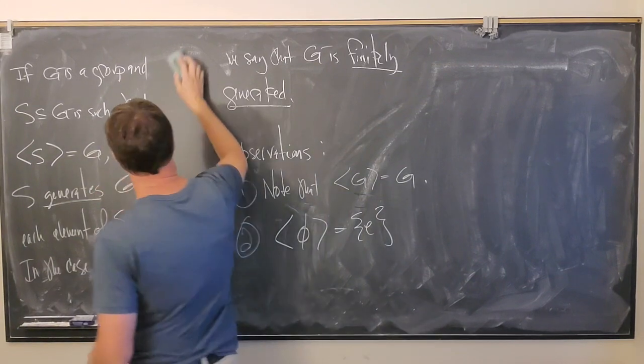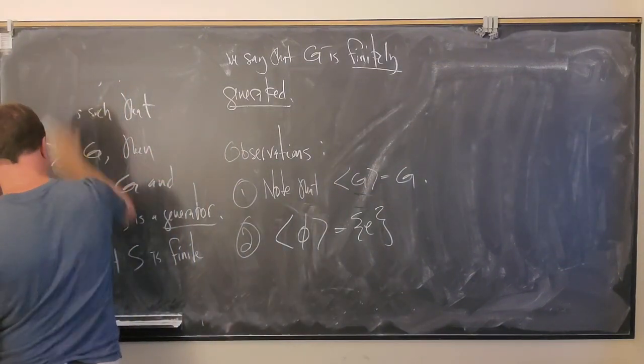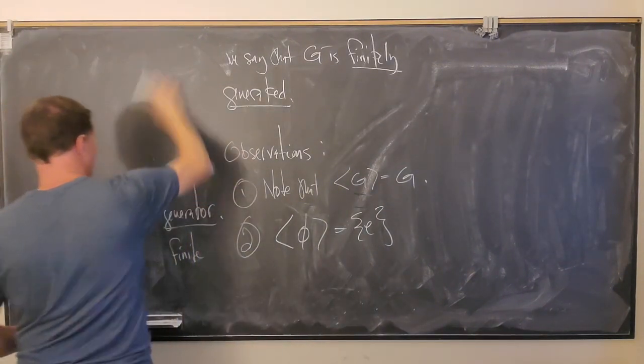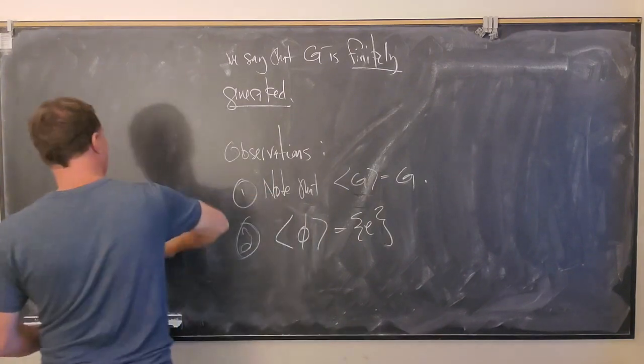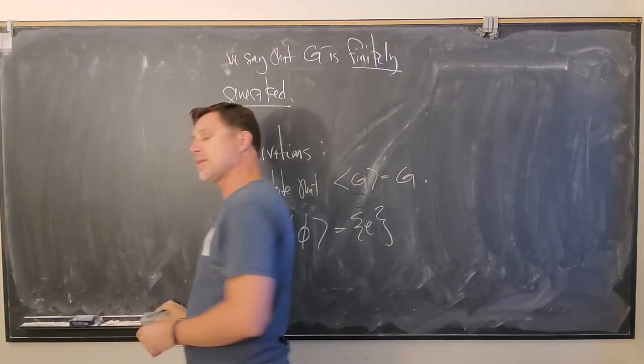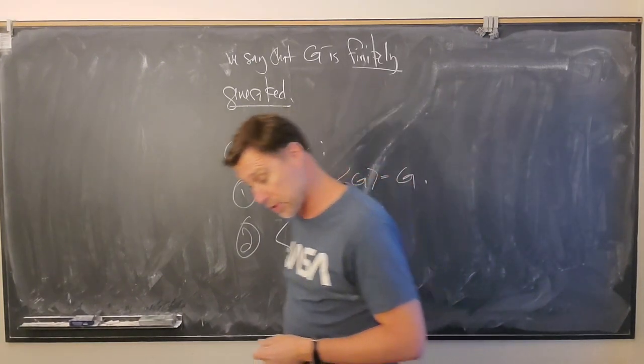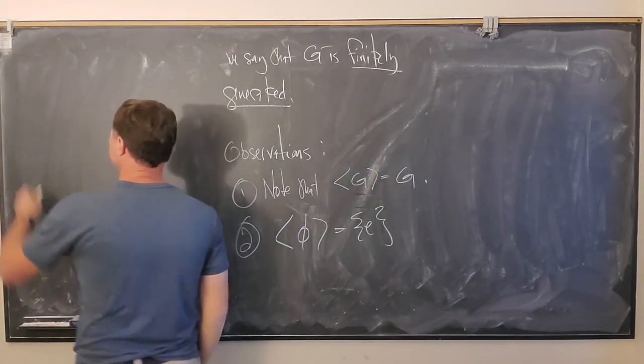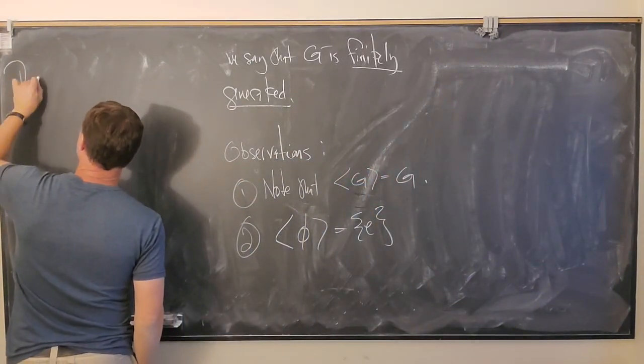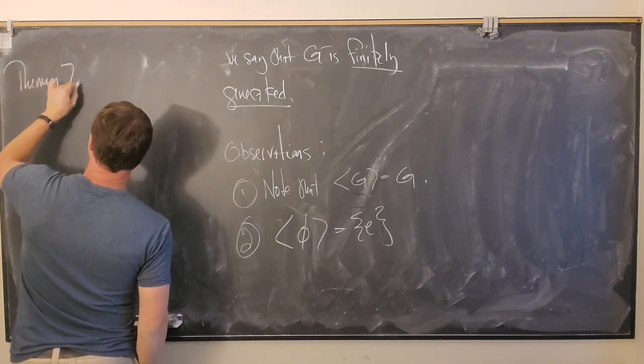And now, we're going to move on to a theorem that gives us a handle on what the subgroup generated by a particular set looks like. So this is theorem 7.2.